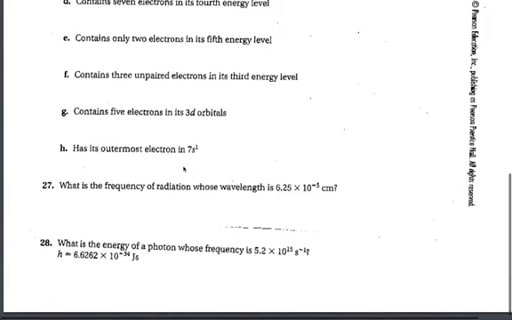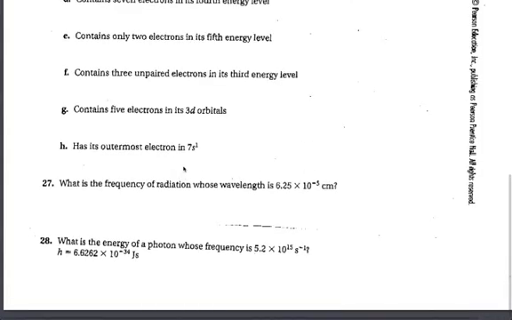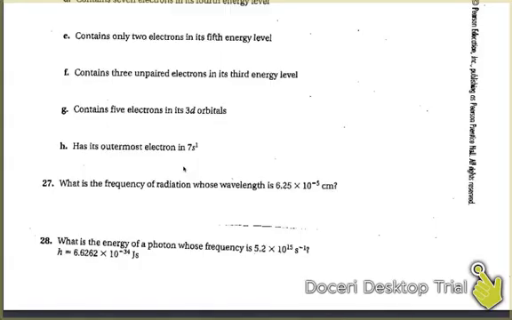Number 27 is asking you to do a little bit of math. Number 27 is asking you to solve for frequency when you're given wavelength. So we're going to be needing to use C equals wavelength times frequency, and then we're just going to plug in our numbers.